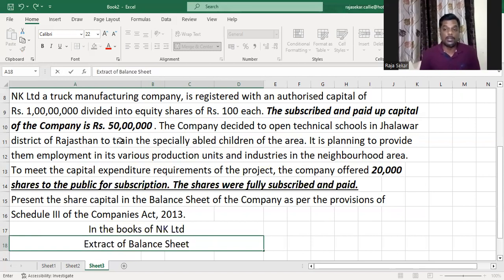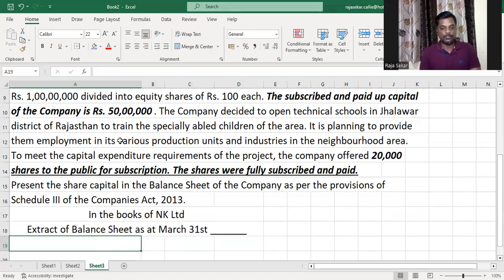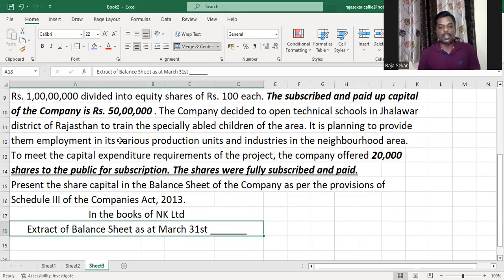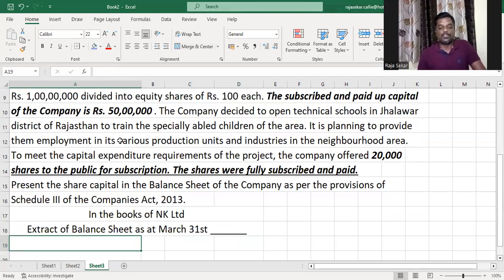We are only preparing the share capital portion of it. We are only showing how share capital is shown in the balance sheet and the notes to accounts of the company. So we'll only write extract of balance sheet as at March 31st. If you want, you can also add as per Schedule 3 of the Companies Act 2013, but that is a given. We're preparing it according to that only.